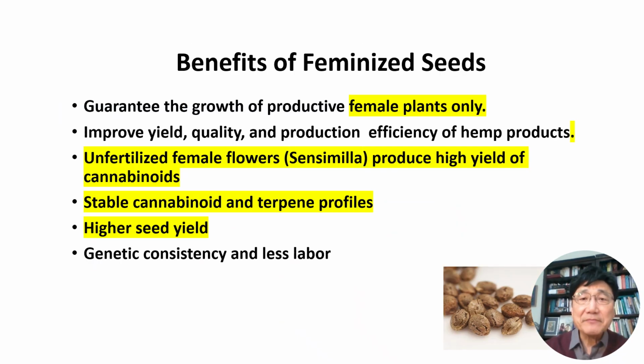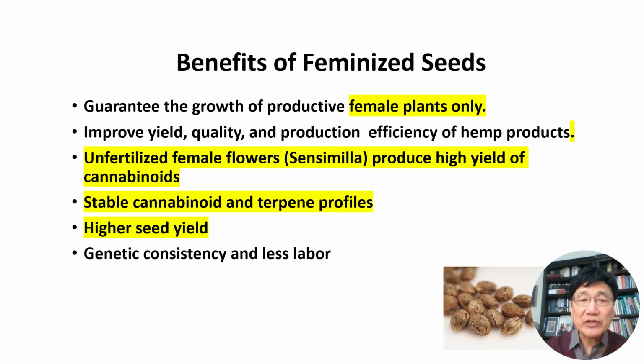Feminized seeds have many benefits, so cannabis growers choose feminized seeds over regular seeds. Regular cannabis seeds produce male and female plants. Male plants release pollen that can fertilize females, and fertilized female flowers produce seeds. However, cannabinoid content decreases.